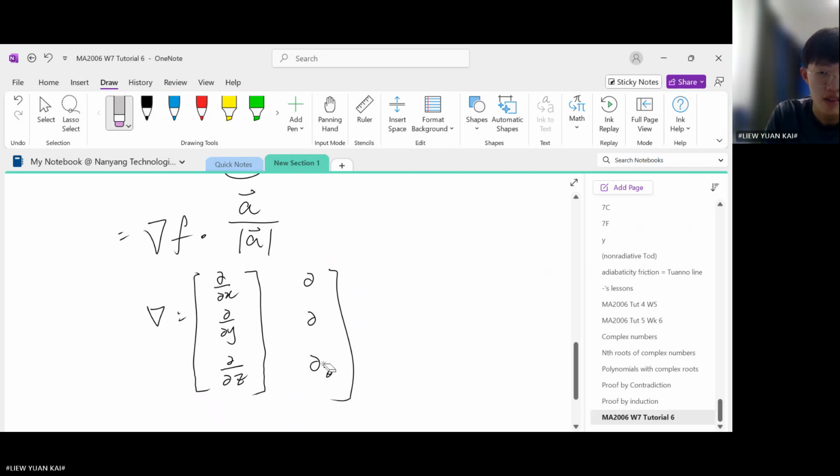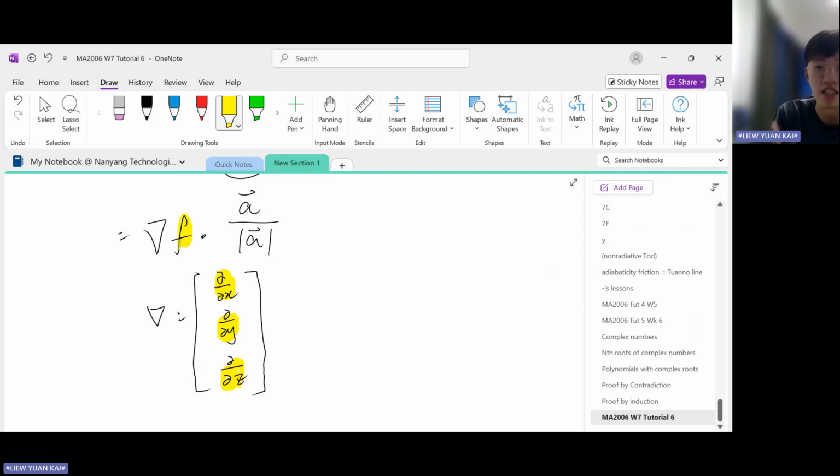Anyways, nabla has the rate of change in each direction: in the x direction, in the y direction, in the z direction. So if we apply nabla to f, we are finding the rate of change of f in each direction. But what is the use of dotting it with the unit vector of a?